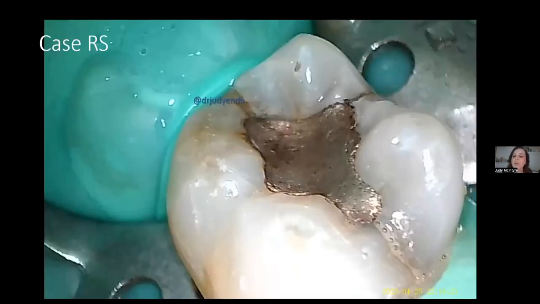So again, your patients come to me, and a lot of them look like this, right? The explorer catches mesially and distally, and you can see that the saliva is even foaming inside this ridge crack or craze line. And probably more than half of our patients have these old, uncarved, unpolished, leaking amalgams.